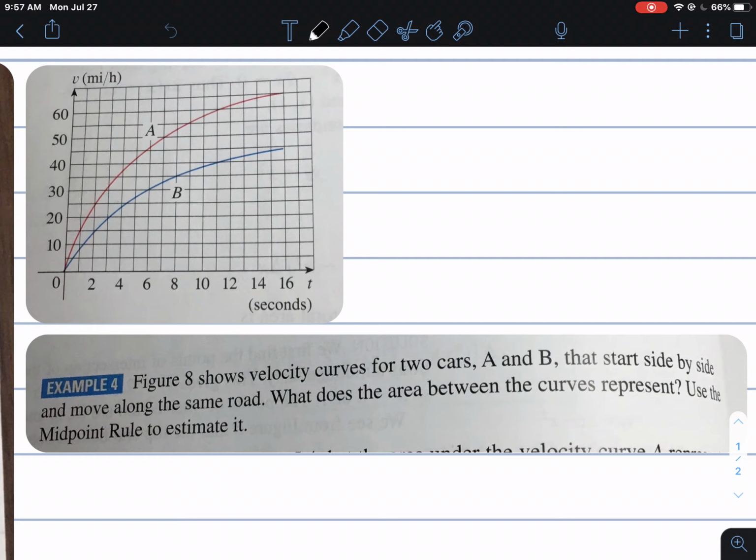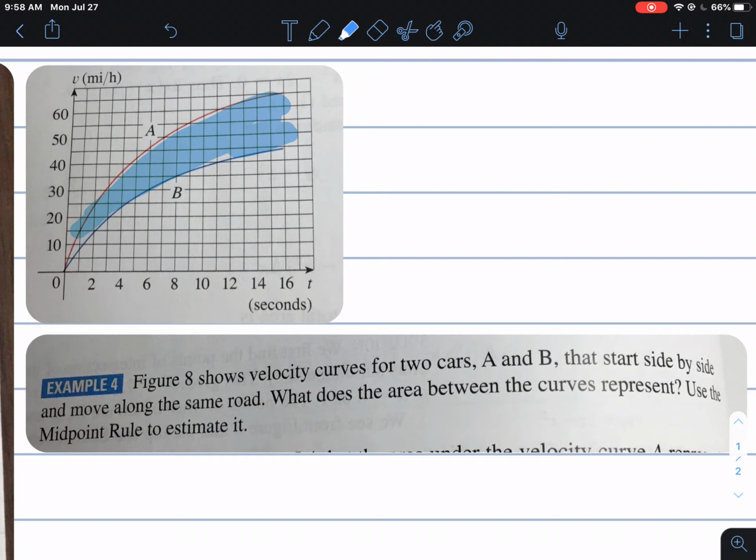If each of those is a velocity curve for each of our two cars, we call them car A and car B, right? And so the area between the two curves, this area, what would that actually then represent in the context of what those graphs represent? And you should be able to answer that. Because again, remember, what does the area under the curve represent? It's the distance traveled by the car.